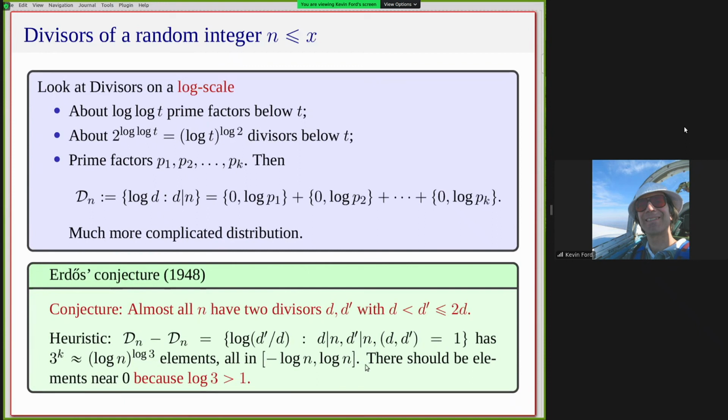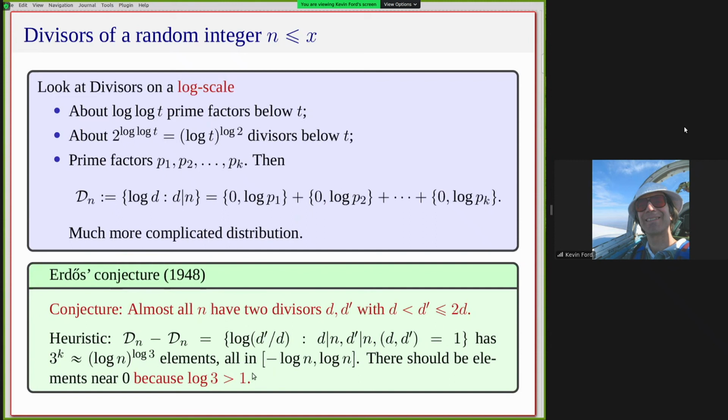And if you just count these, let's say n has k distinct prime factors, we'll ignore repeats for the moment. Then there'll be 3 to the k elements here, which is (log n) to the log 3, if the number is normal and has about log n prime factors.